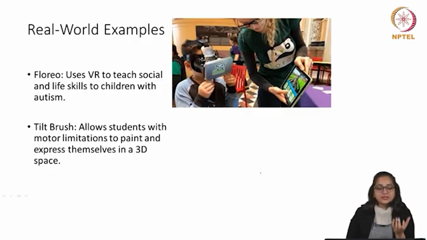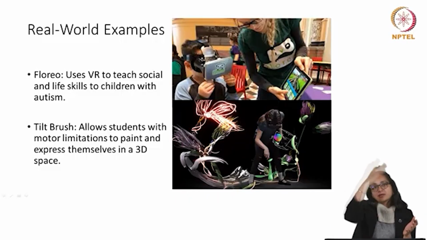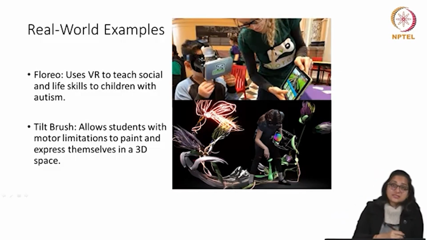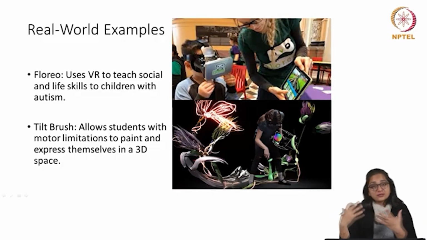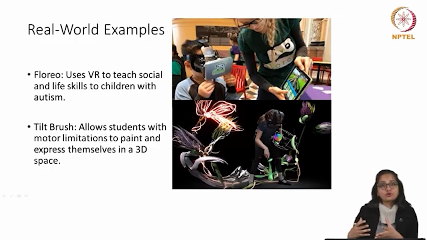Similarly, there is an application called Tilt Brush, which allows students with motor limitations to paint and express themselves in a 3D space. You can actually paint around yourself, and you're not confined to a two-dimensional flat surface, because that requires a certain posture, a certain orientation of the hand, fingers or the arm itself.